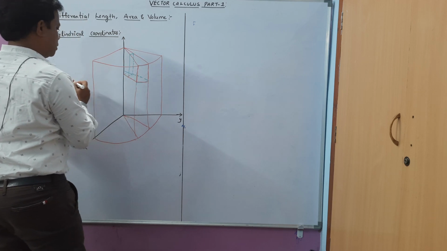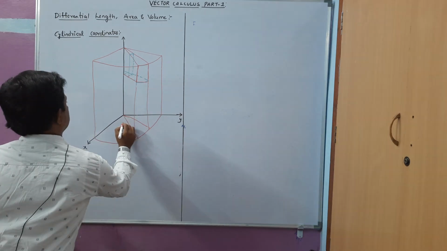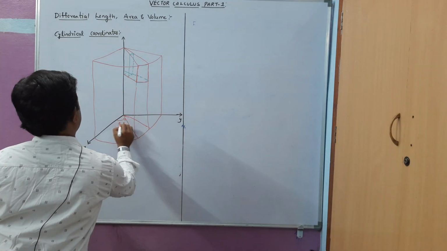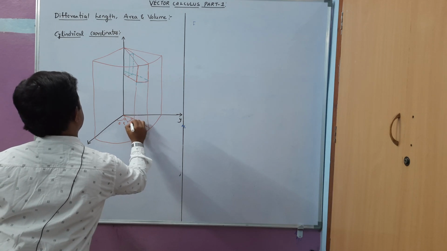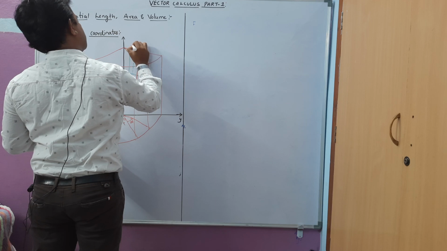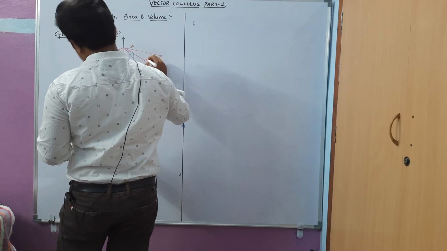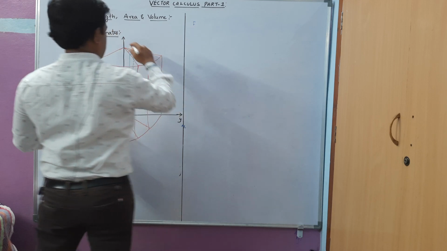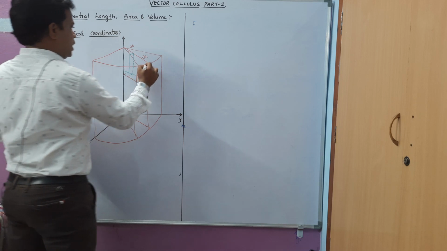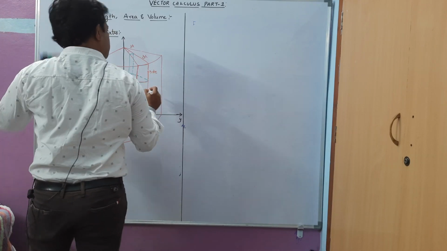Now I will write the axes here: X-axis, Y-axis, and this is the rho radial direction, and this is the phi, and this is the differential displacement d phi. Similarly here also we have d phi, and along this direction we have d rho. This is the d rho direction, this is the rho, and this is the differential displacement from here to here, and from here to here it is the dz.